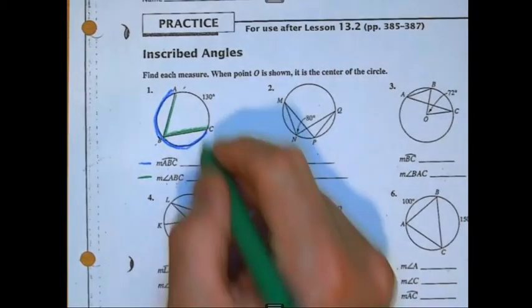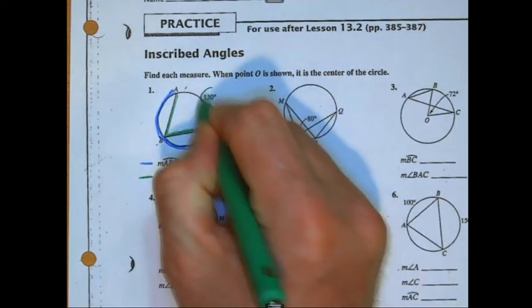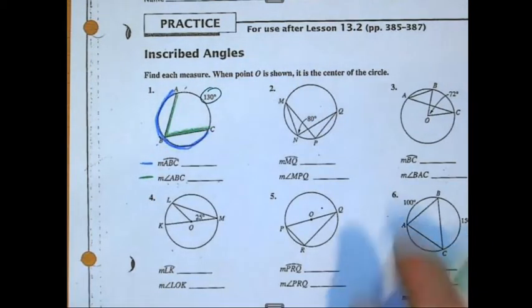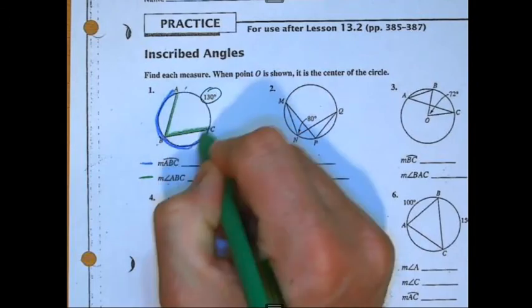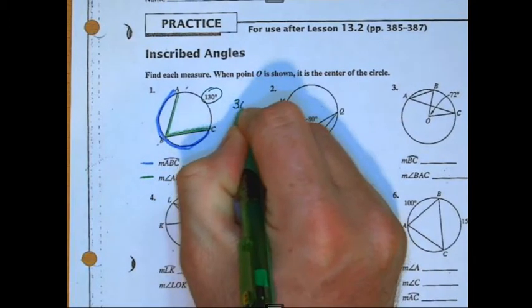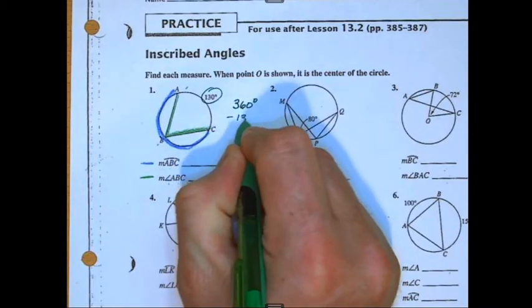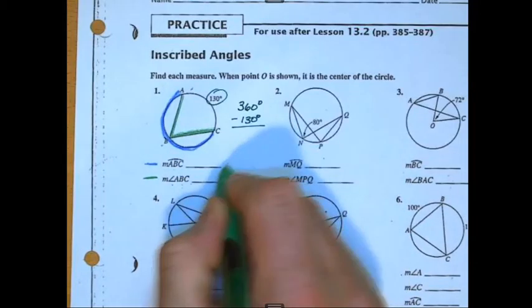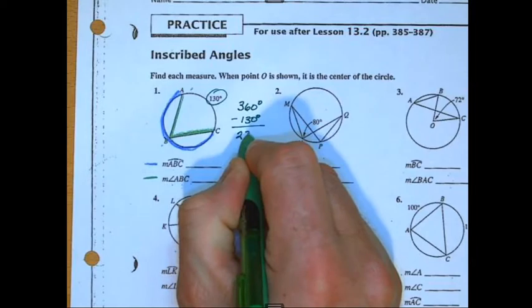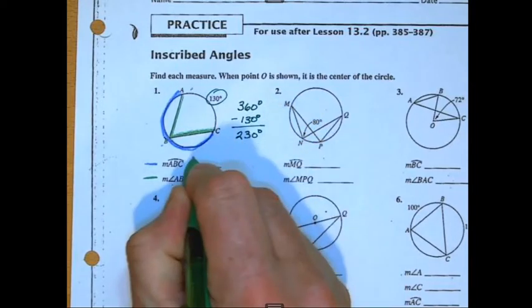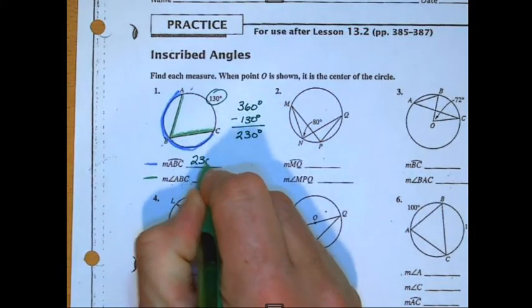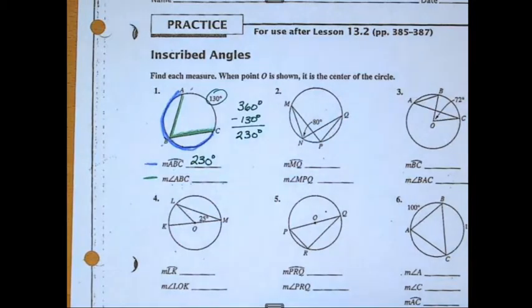Now let's concern ourselves with the arc, because we have this 130-degree arc. We know that if we go all the way around the circle back to C, that's 360 degrees. Therefore, if we're looking at the other arc, we're going to subtract that and get 230 degrees. So the measure of that arc is 230 degrees.